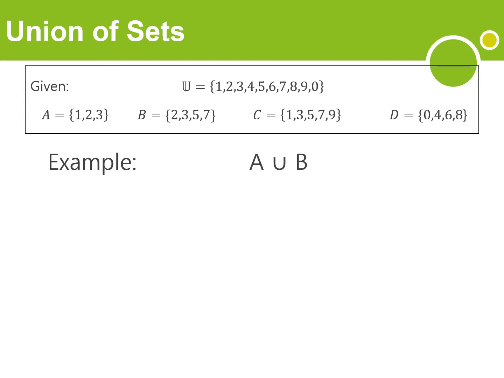Try to list all the elements in A and B in one set. Tapos, pag namoy makitaan nga nagbalik-balik, you write it once only. So, kausara ni mo isuwat, dili na po ni mo balik-balikon og suwat. So, this is why our answer is 1, 2, 3, 5, and 7.